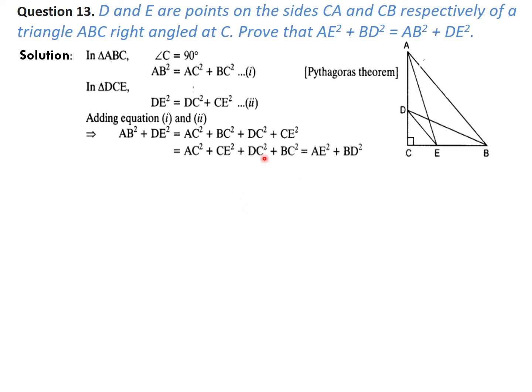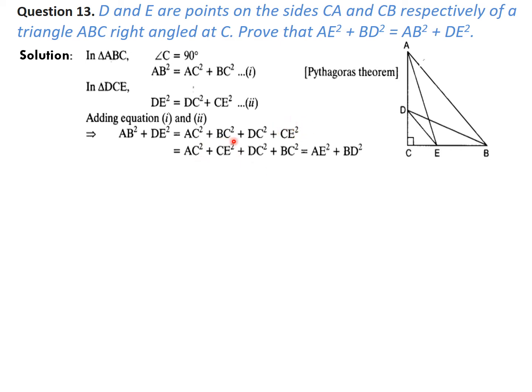So we will rearrange these things and see AC and BC belongs to the triangle ABC. But we can also write AC and CE belongs to the triangle ACE, right? So therefore, we will group AC square and CE square together.